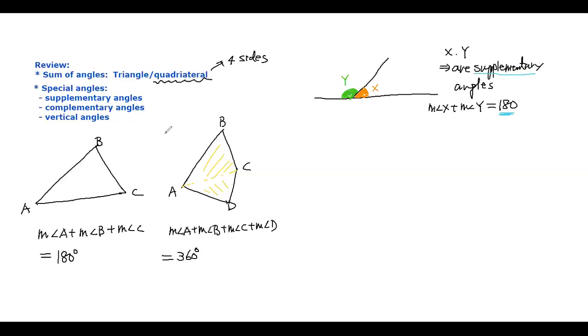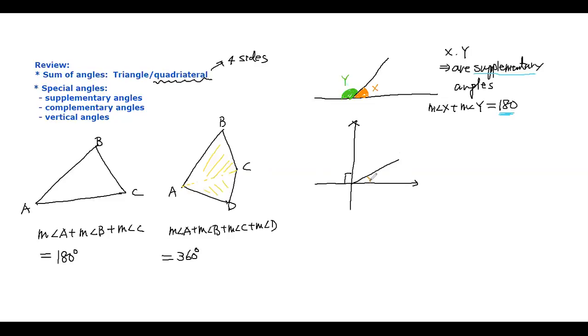Okay, now let's take a look at complementary angles. Complementary angles means if you have two lines that are perpendicular to each other, and then you have any angles here. Let me also color that.